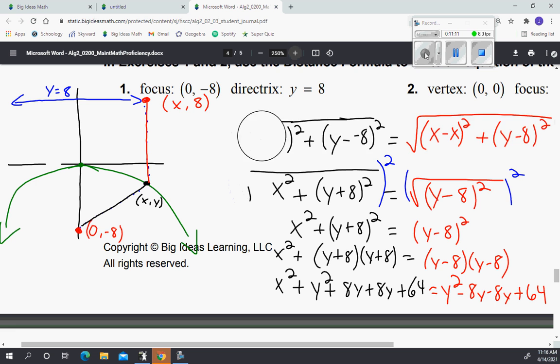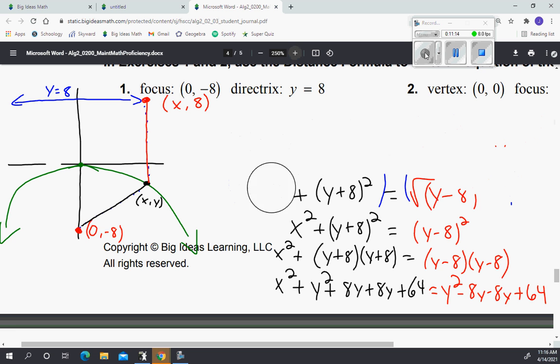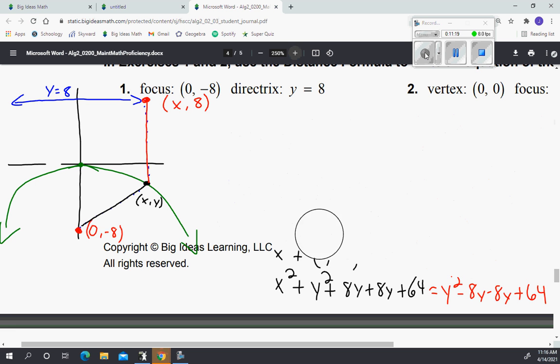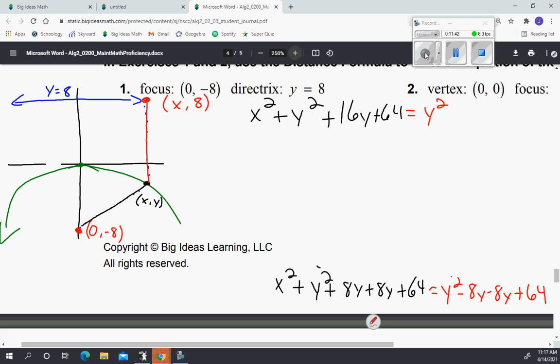Okay, so I'm going to erase this stuff up here because I'm running out of room. And I'm going to simplify that up top here. I have x squared plus y squared plus 16y plus 64 is equal to y squared minus 16y plus 64.